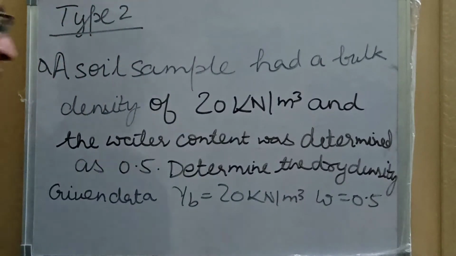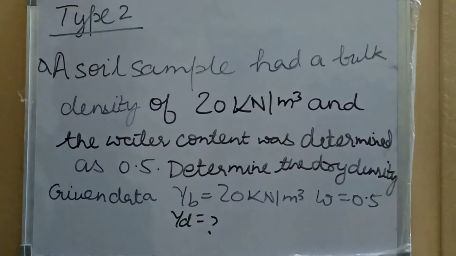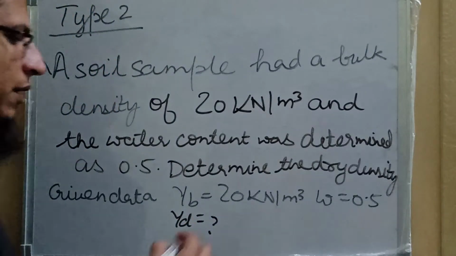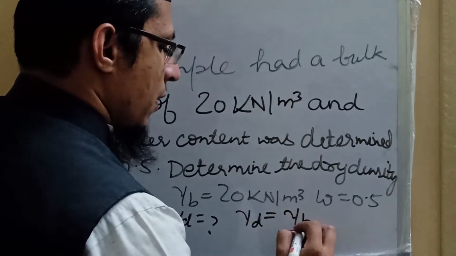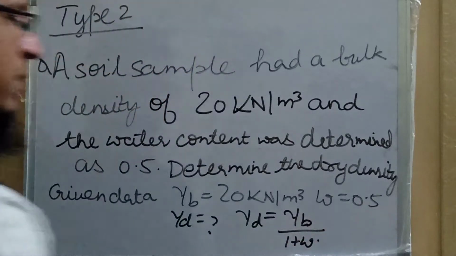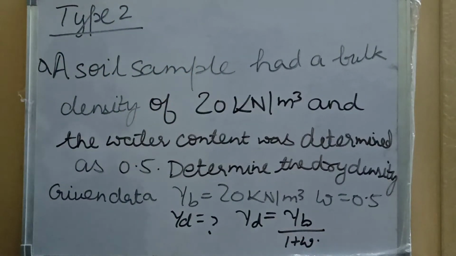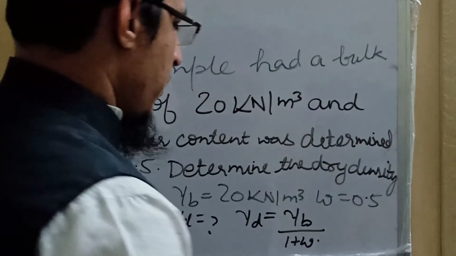So we use the interrelationship between bulk density and dry density. We need to know the dry density, which is unknown. The dry density will be bulk density upon 1 plus w, that is 1 plus water content. Proof of this is also available in the video provided in the I button.